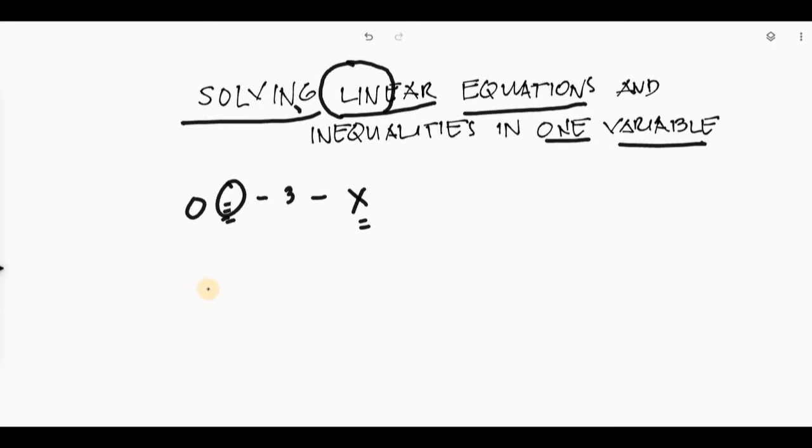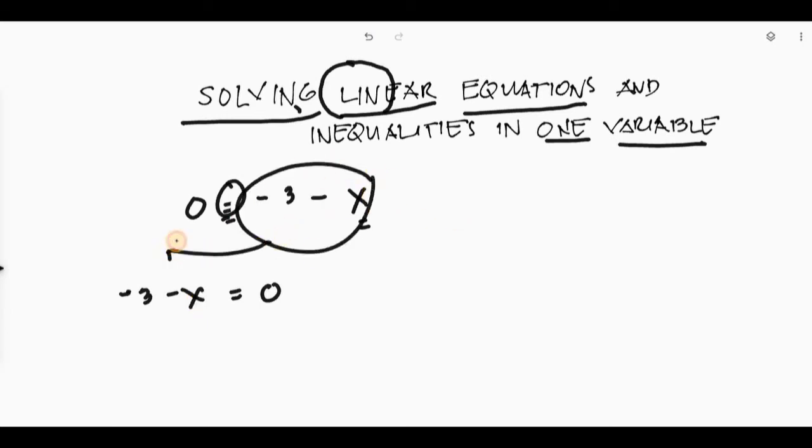So, that will become yung 0, lipat natin sa kabila. Finlip lang natin. Okay? So, that's negative 3 minus x. Nilipat lang natin to sa kabila. And then, this one, on the right side, pero hindi pa tayo nag-change ng sign.